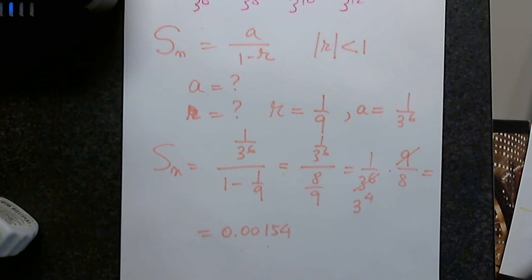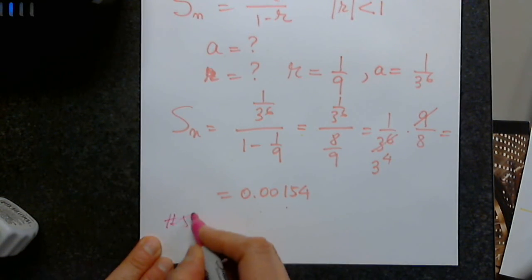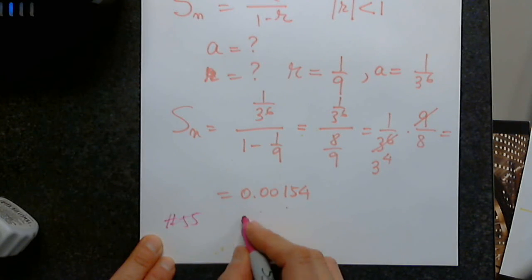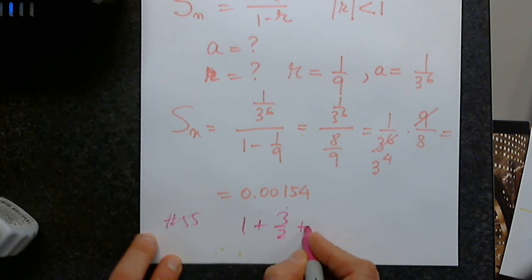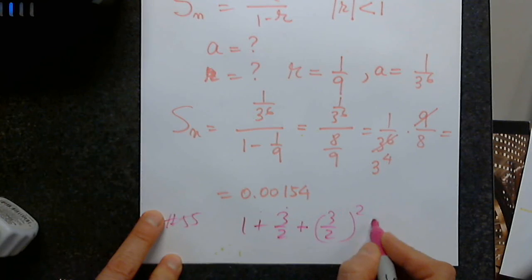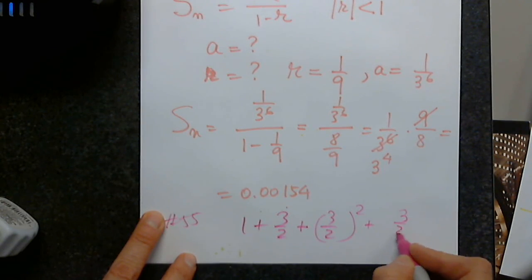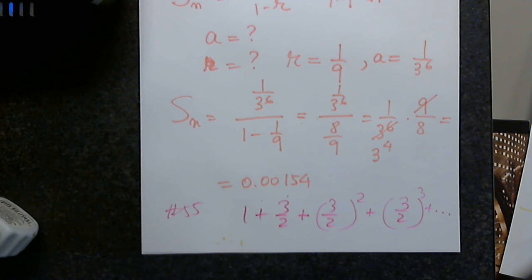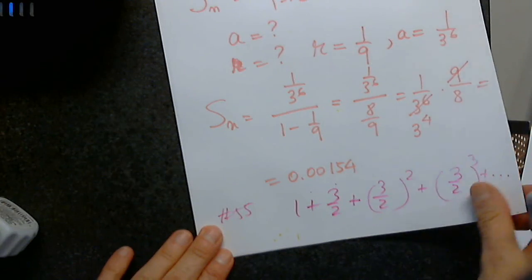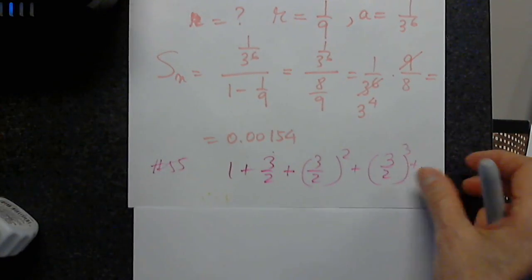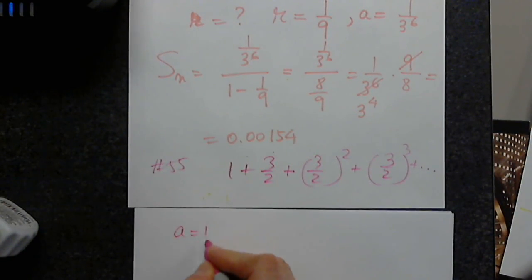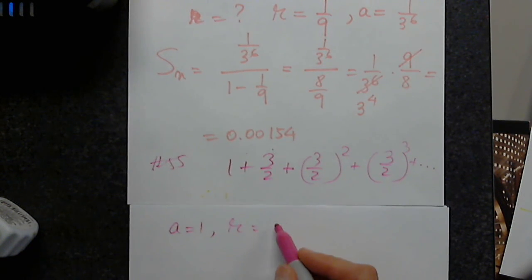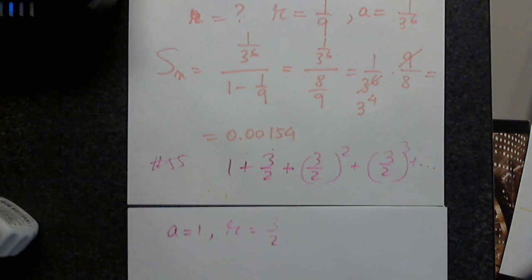Okay, let's look at 55. Same page. 1 plus 3/2 plus 3/2 squared plus 3/2 cubed plus ... How much is A? 1. How much is the common ratio? What do we conclude?